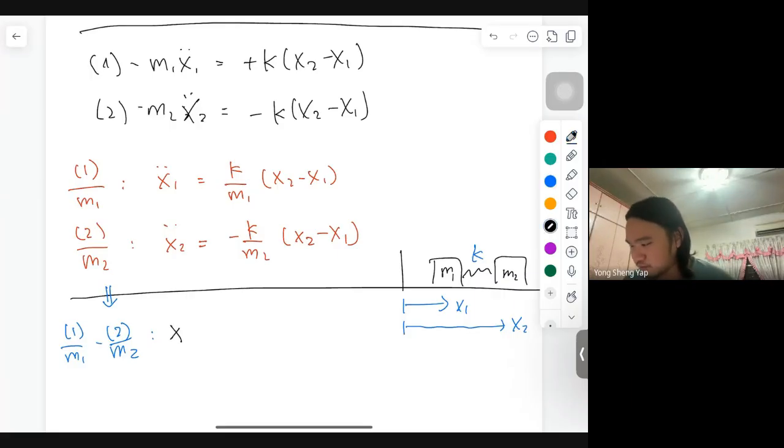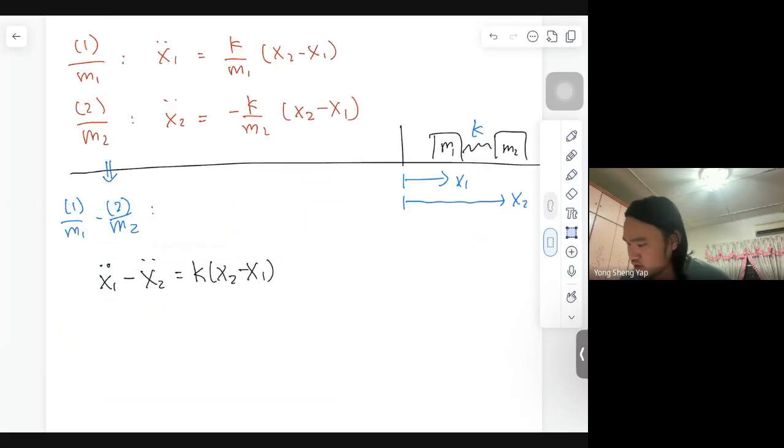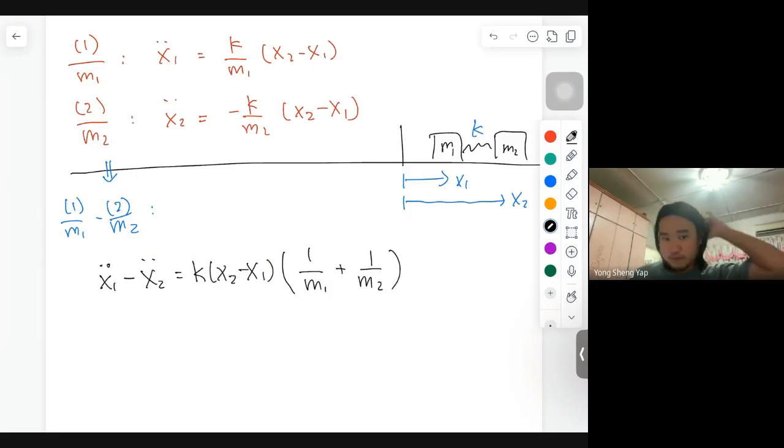Let's just do this. What you get is x1 double dot minus x2 double dot equals k. Because k and x2 minus x1 is the same, I can take out the common factor, multiplied by 1 over m1 plus 1 over m2, because this is what's left of the two.